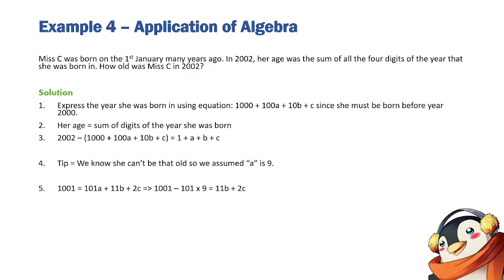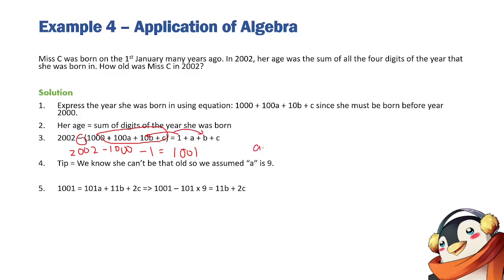So this equation here, you can see that it equals 2002 minus 1000 minus 100A minus 10B minus C. Then you bring the 1 across, it becomes minus 1, so this side gives you 1001. Because there's a minus here, all of this is minus, so you want to make it positive, you bring this across.